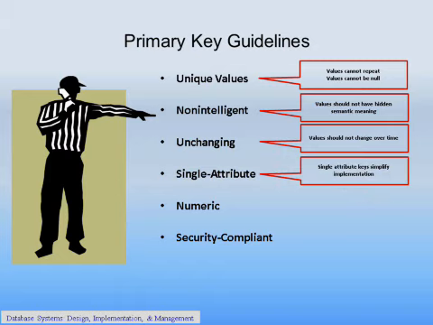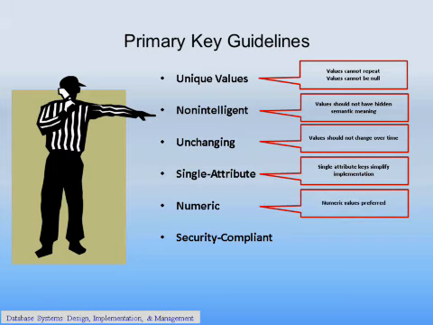It is preferable to make primary keys contain only a single attribute. This simplifies the implementation of foreign keys and reduces database workload. However, as you'll see later, composite or multi-attribute primary keys are also common in database implementations, but single-attribute primary keys are preferred.